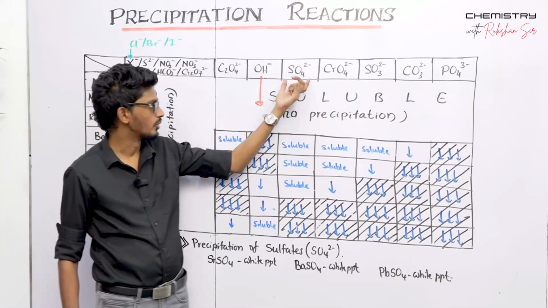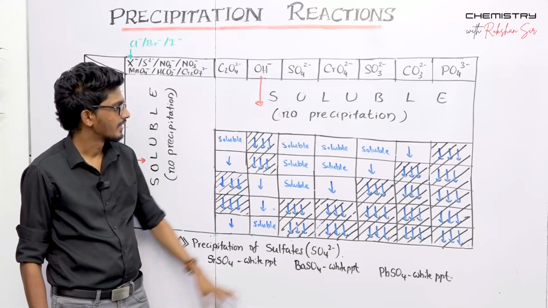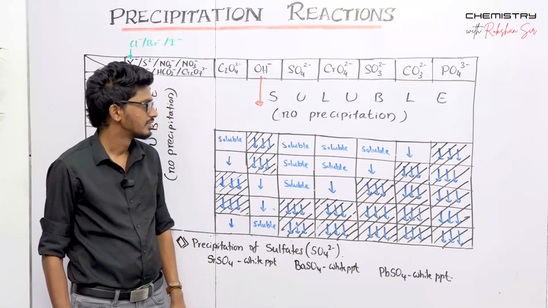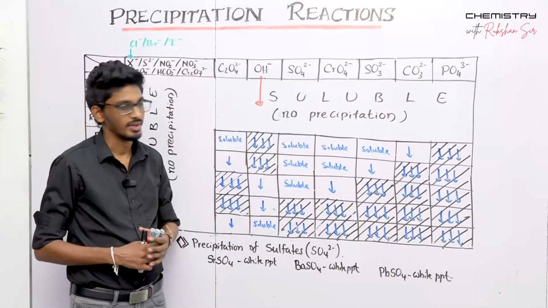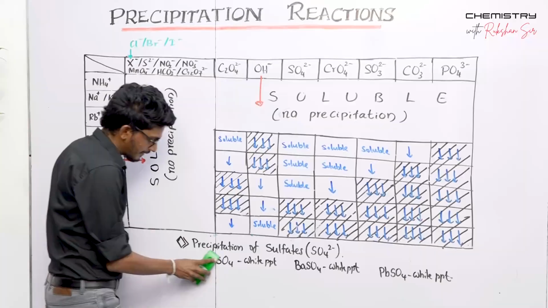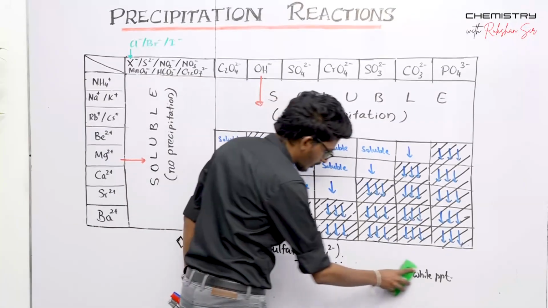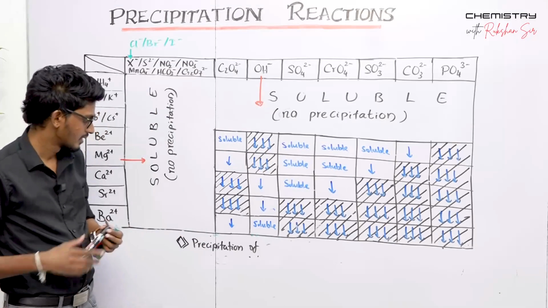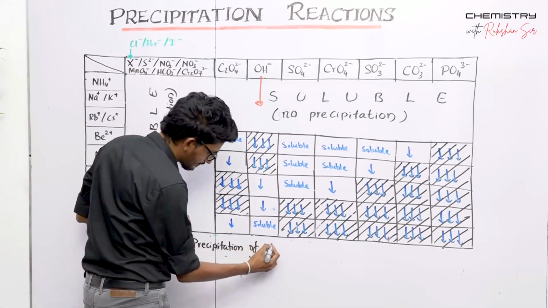So as chromates as well, the strontium, barium, and lead will precipitate as chromates. When it comes to chromate precipitation, chromates also follow the trends of sulfates. Let's write that as precipitation of chromates.